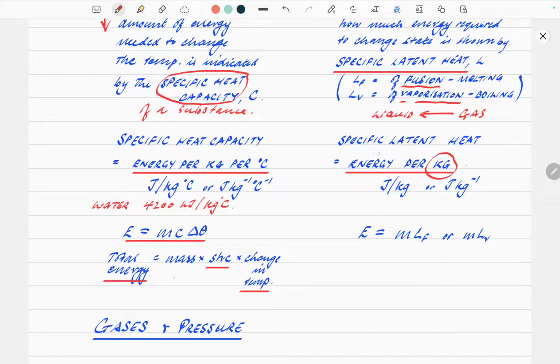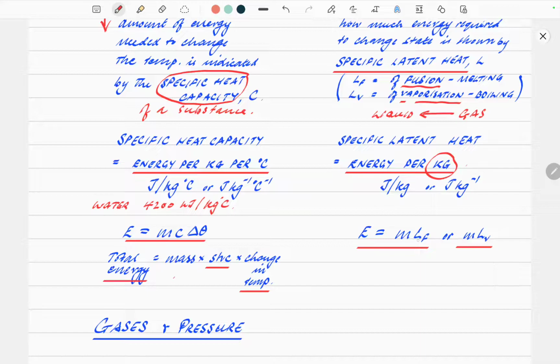On the other side, the specific latent heat, the formula for that is simply the amount of energy required is mass times the latent heat, so the total mass of the substance you have, and the latent heat for whatever change of state you've got.